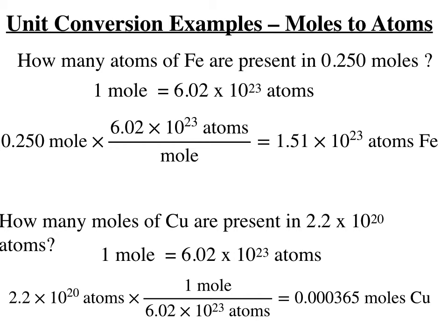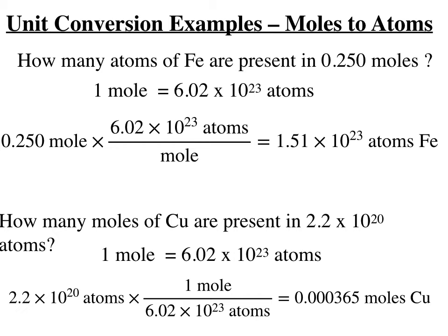So now I note that algebraically the mole unit cancels, and I am left in atom units. So then the numbers are lined up appropriately if the units are lined up appropriately. So I'll take 0.25 times 6.02 times 10 to the 23rd, and I'll divide by 1, and that will give me 1.51 times 10 to the 23 atoms of iron are present in a quarter mole of iron.